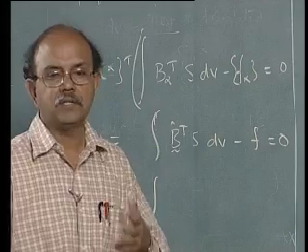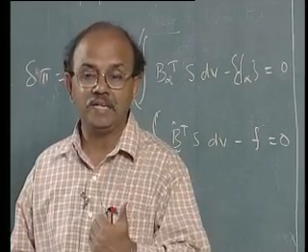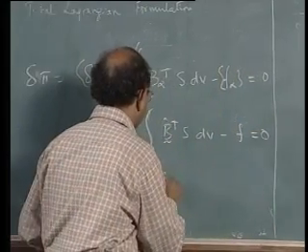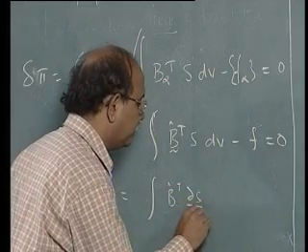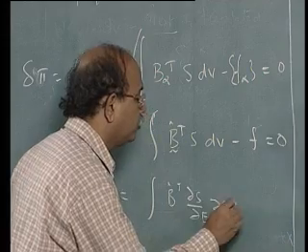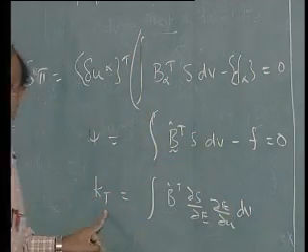That can be written as B transpose ∂S/∂E by ∂E/∂U dV. Of course, δU is there, but I am writing only KT.